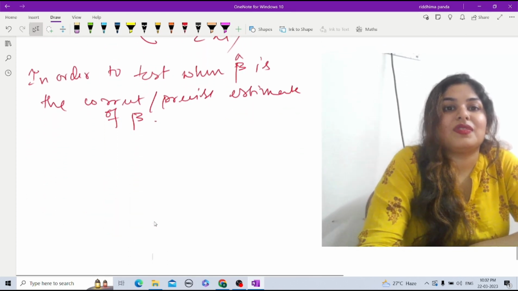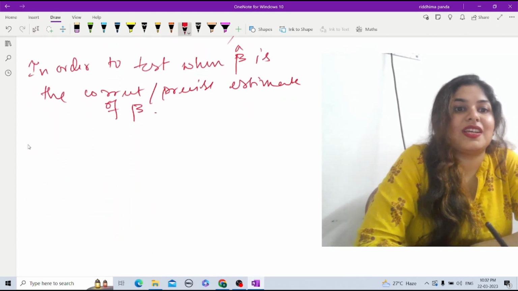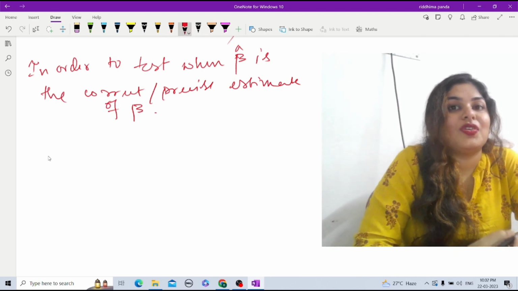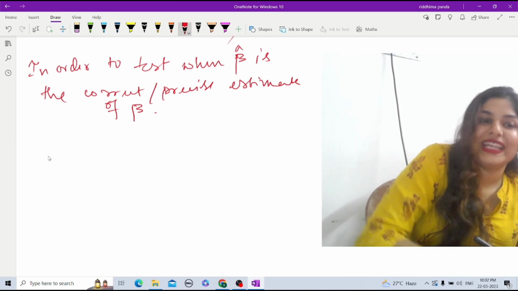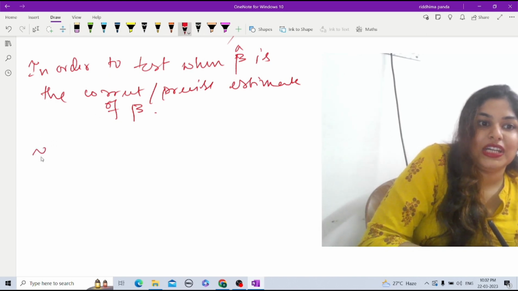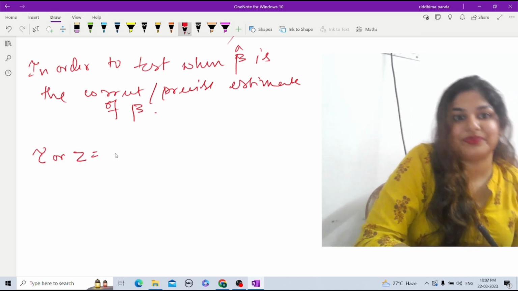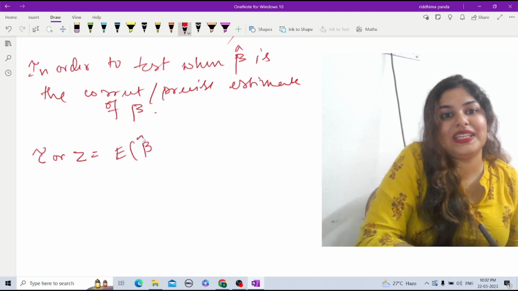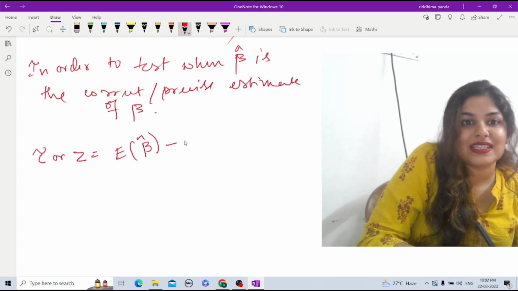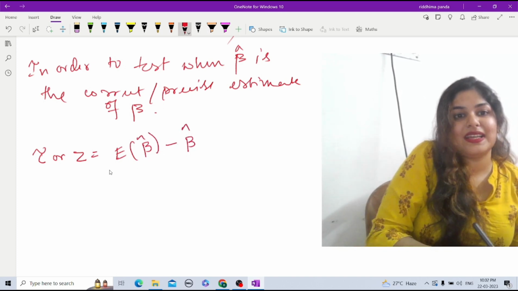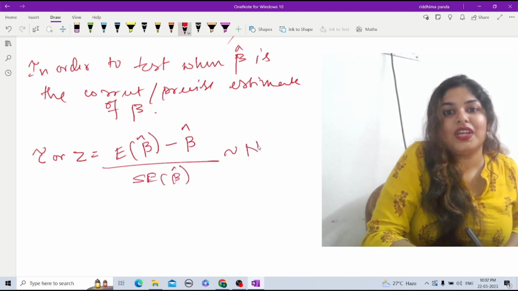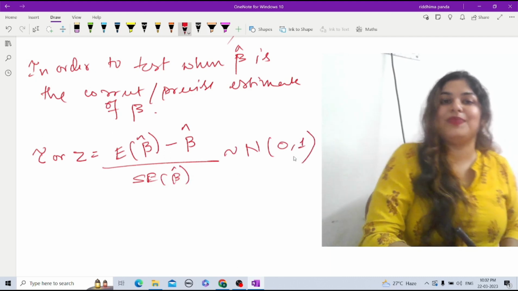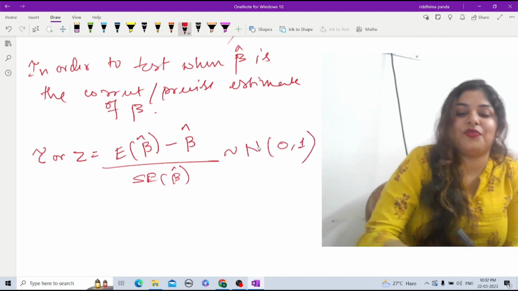In the case where we have to test the mean with known sigma, we use the tau or z statistic, which equals expectation of beta hat minus beta hat divided by standard error of beta hat. This follows the standard normal distribution with mean 0 and standard deviation 1.